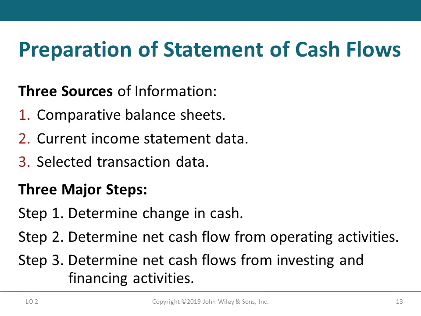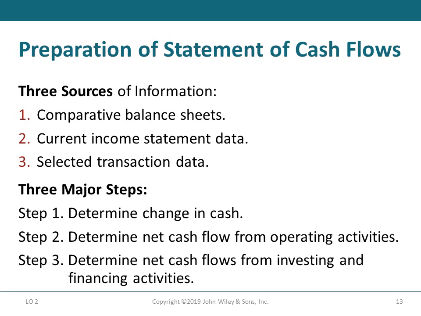These two balance sheets provide the amount of the changes in assets, liabilities, and equities from the beginning to the end of the period. So we have to start with a comparative balance sheet to know how assets, liabilities, and owner's equity change. Second source is current income statement data.